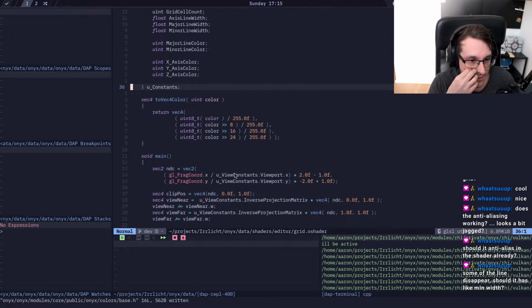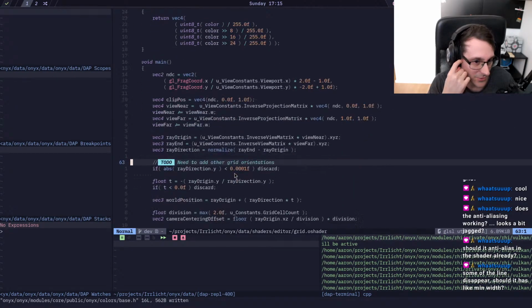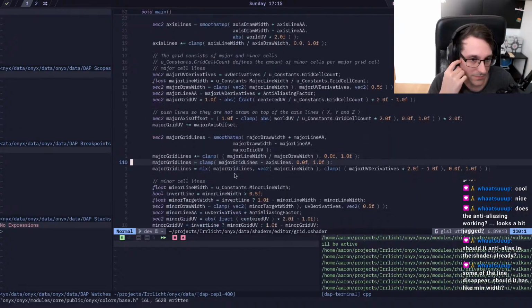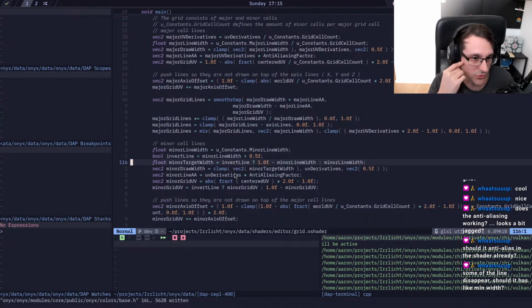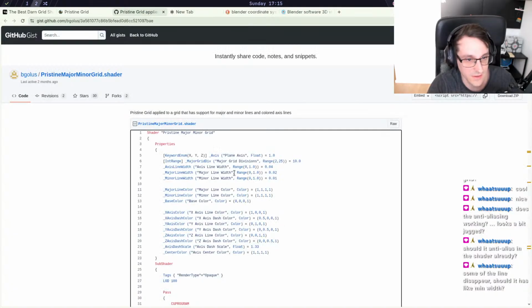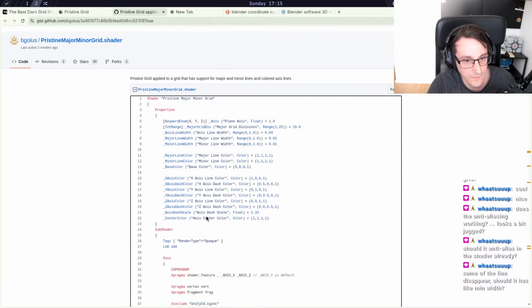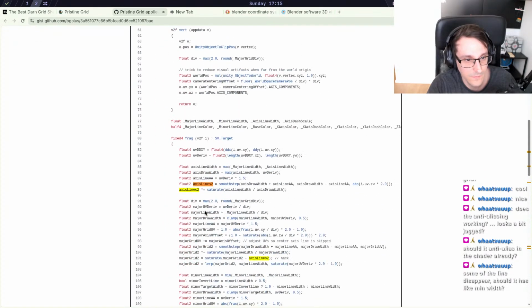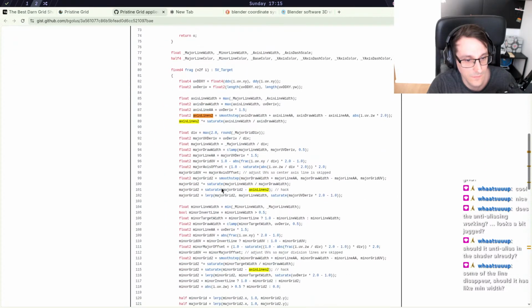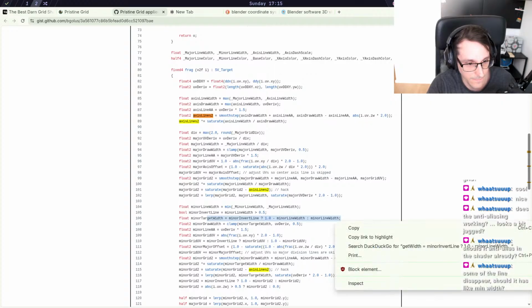Yeah, that's another thing. In theory, I think this minor target width should be the thing that counteracts that, but it seems like it's not working. I would have assumed that this minor target width ensures that it stays fine.